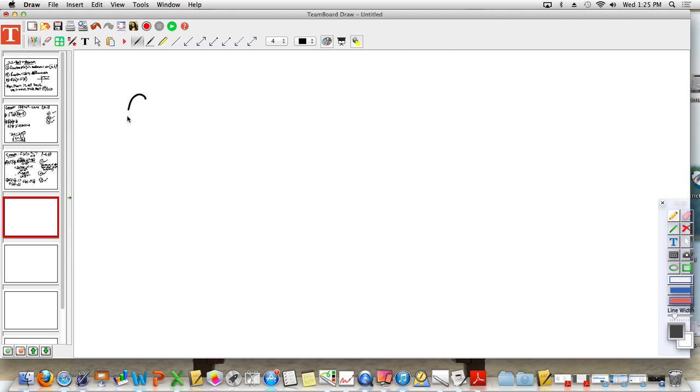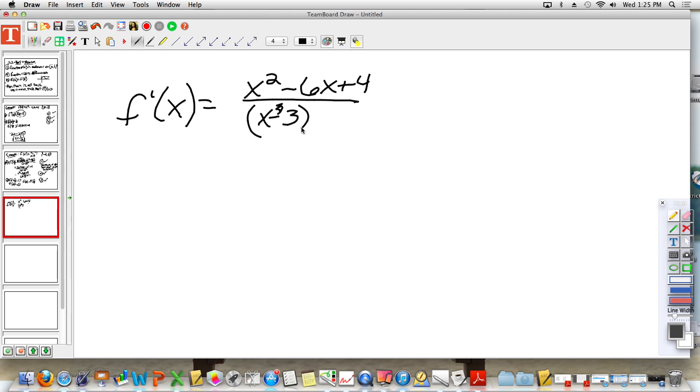So the derivative we have to put equal to 0. F prime of x equals x squared minus 6x plus 4 over x minus 3 squared. And we have to put it equal to 0.